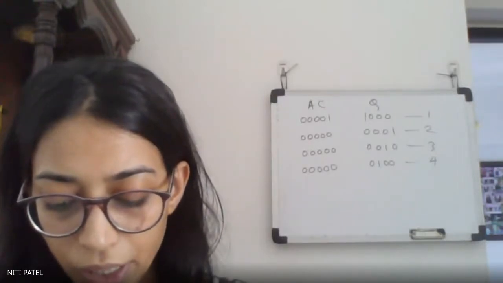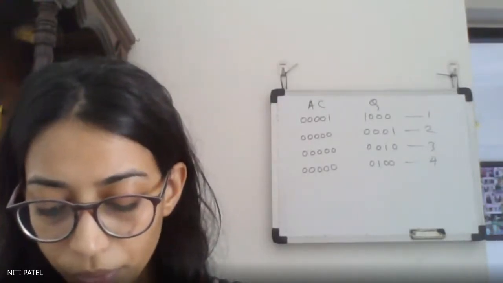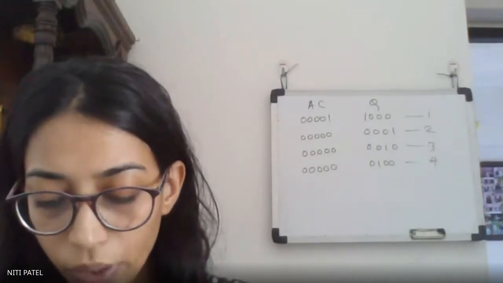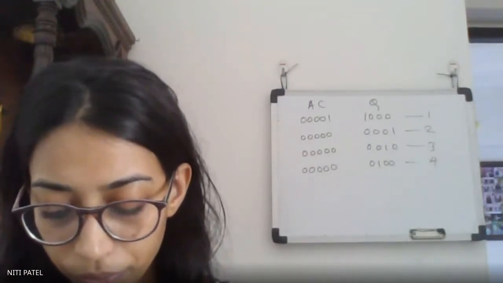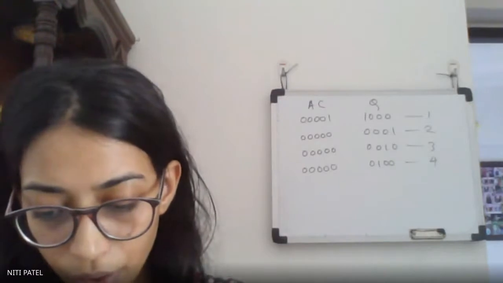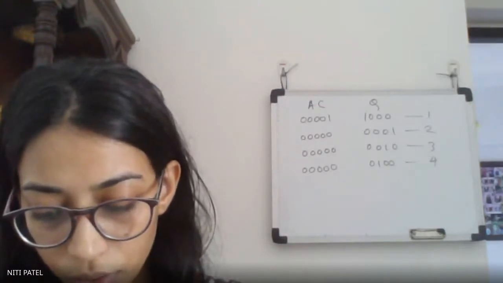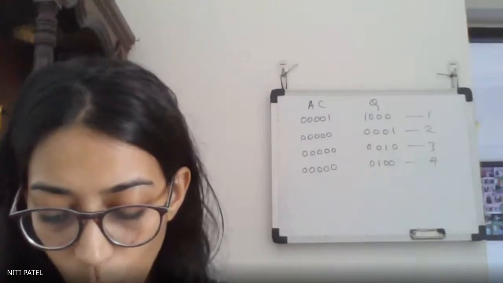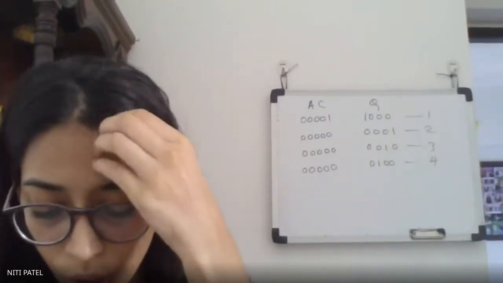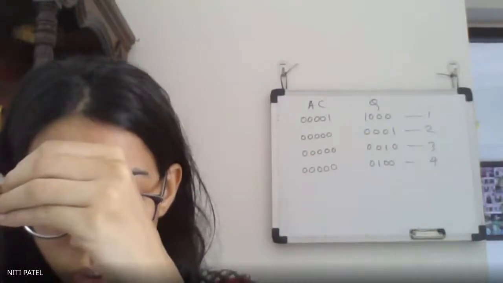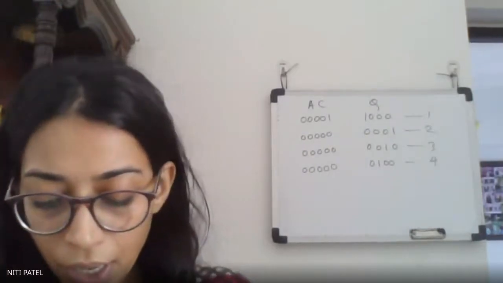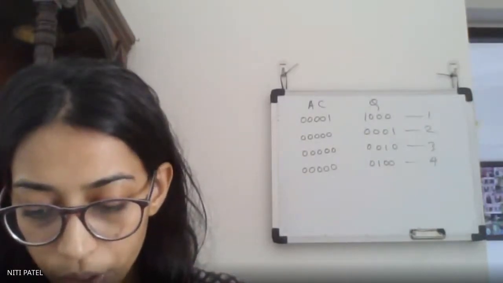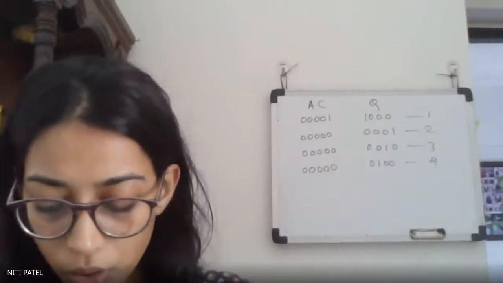Result of third cycle in AC, again all zeros, Q as 0010. Contents of AC in fourth cycle, all zeros and Q as 0100. So your remainder is all zeros, which is in AC, and your quotient is 0100.